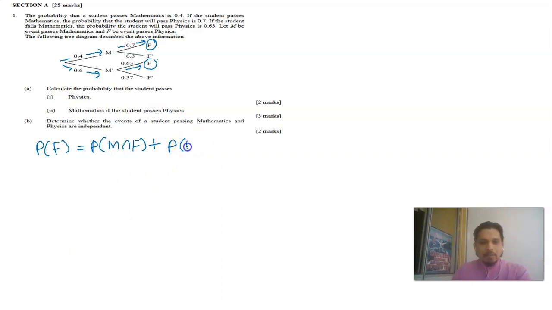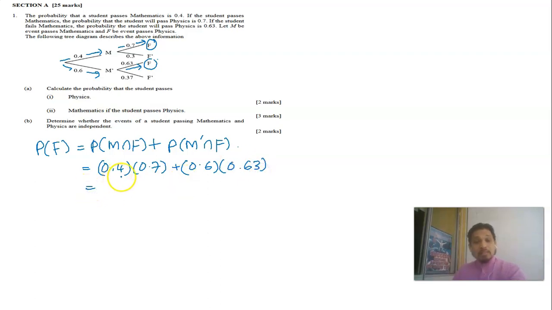So the probability of passing maths and passing physics is 0.4 multiplied with 0.7. And not passing maths 0.6, and passing physics 0.63.